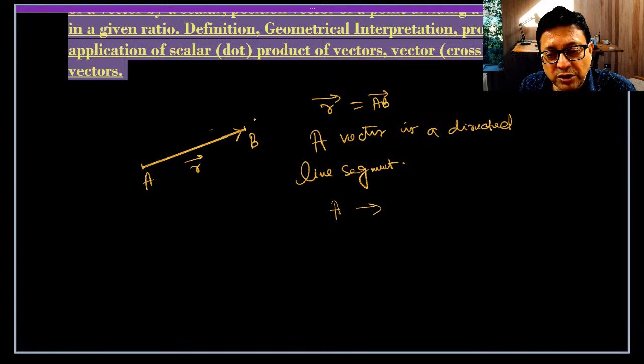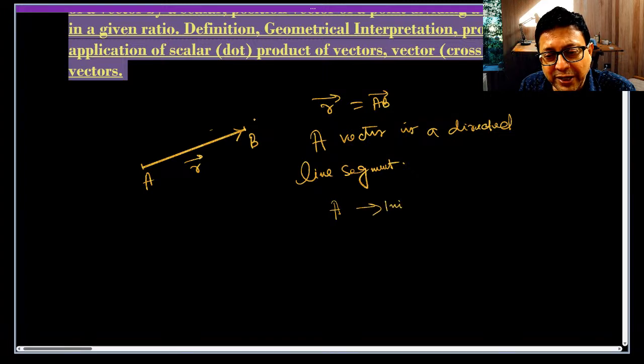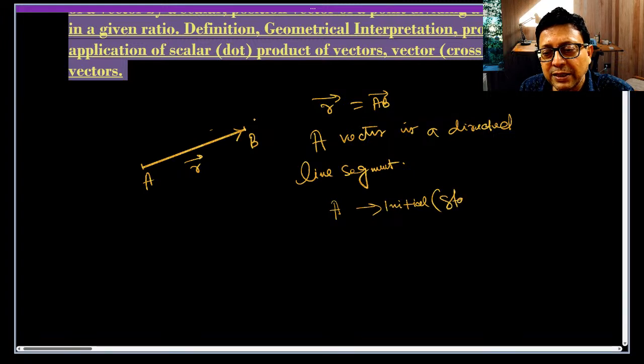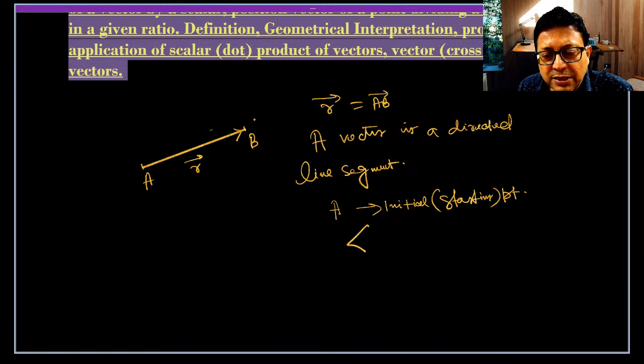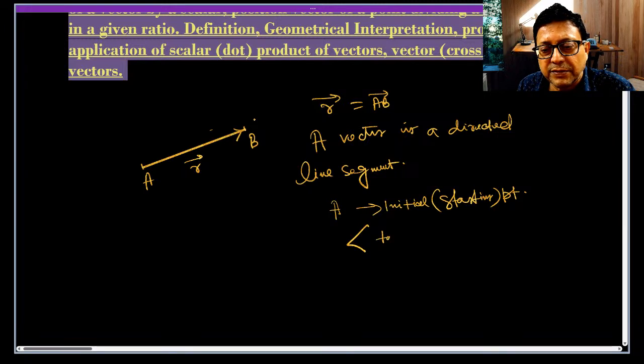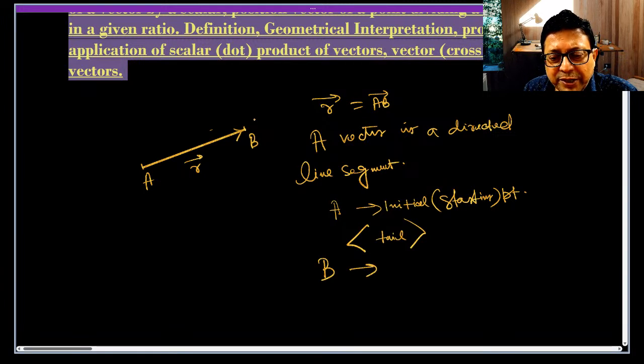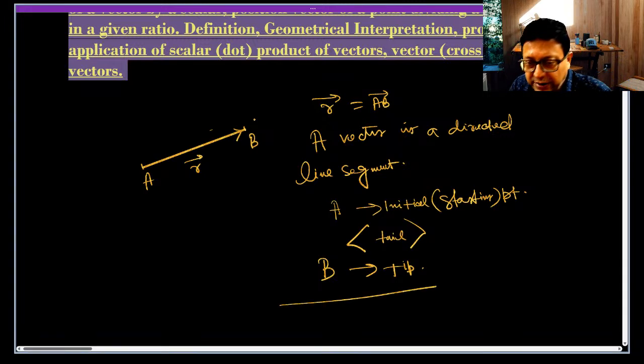This is called the initial point or starting point, or you can refer to this one as the tail of the vector. This point A is the tail, and the point B will be referred to as the tip of the vector. Tail and tip.